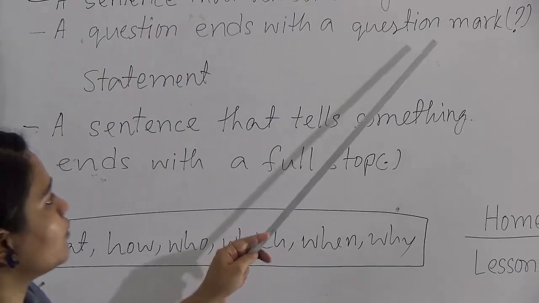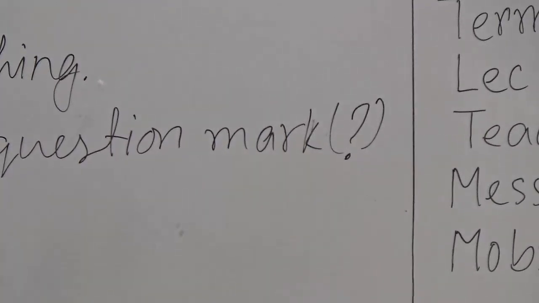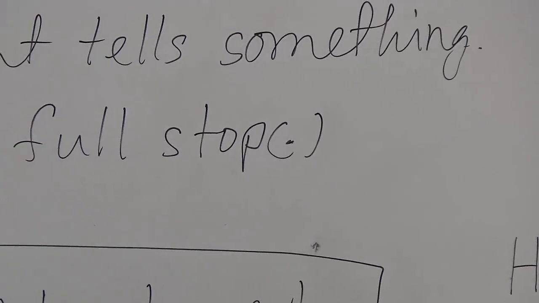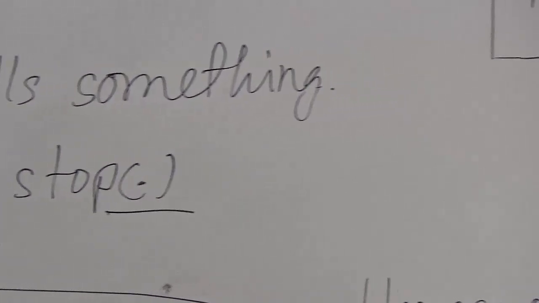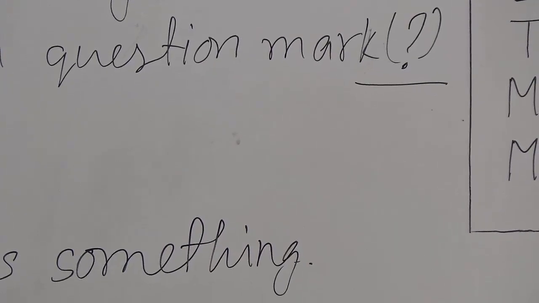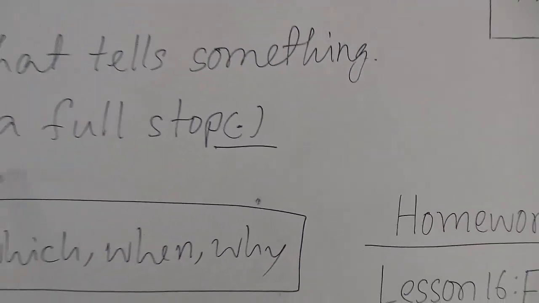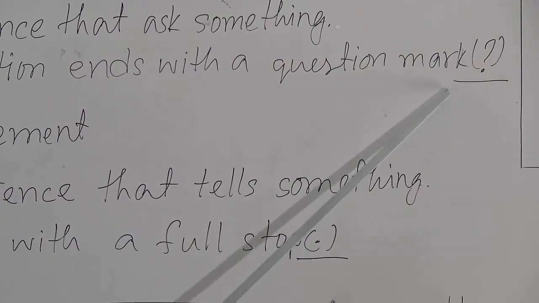So remember it, it's very important, you must give a question mark at the end of the sentence to ask a question. And in a statement we use full stop. Remember it. So these are very important, the question mark and full stop. In statement, I repeat, in statement we use full stop at the end of the sentence, and the statement begins with a capital letter, and question ends with a question mark.